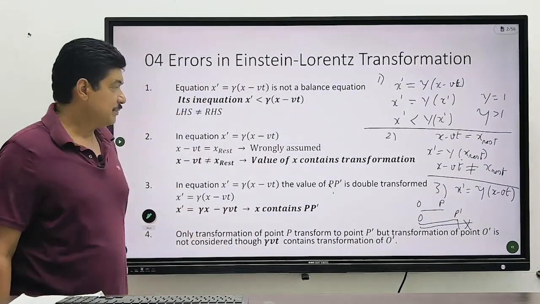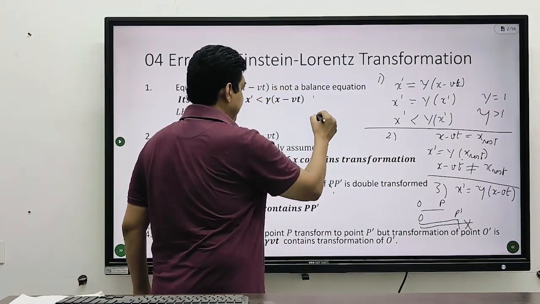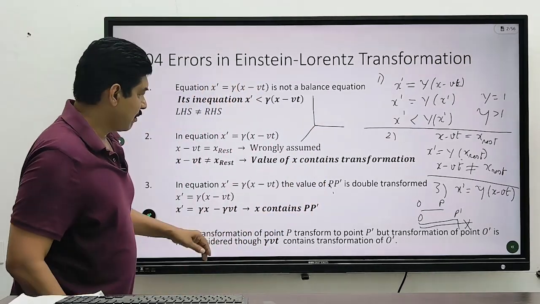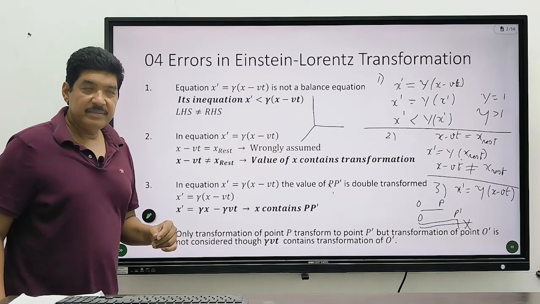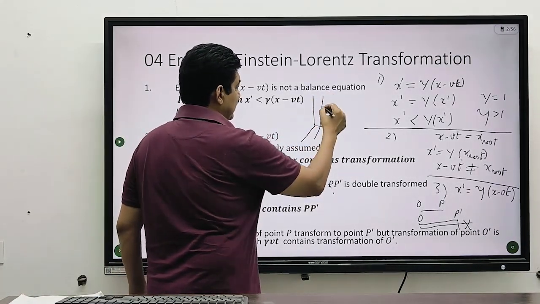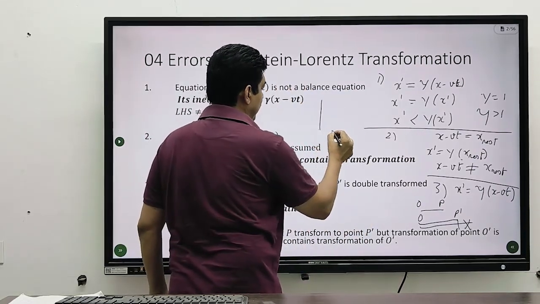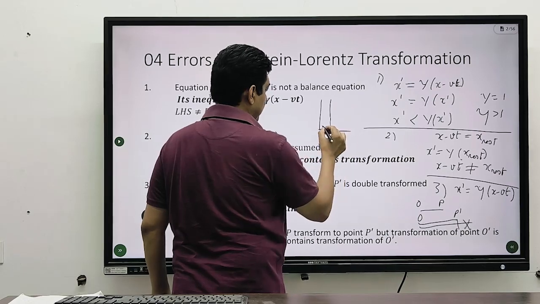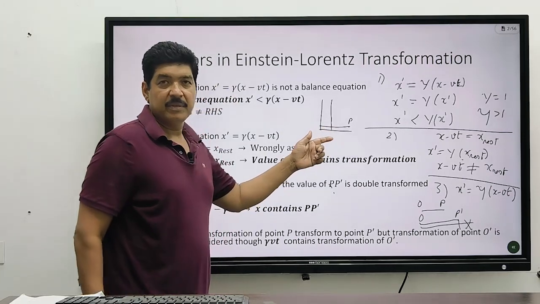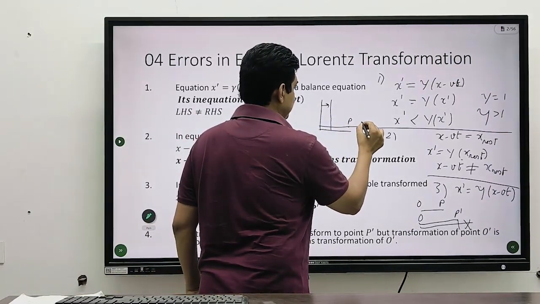Then the fourth error is this. This is the point P at rest. When it moves with velocity v, it is transformed to P prime.